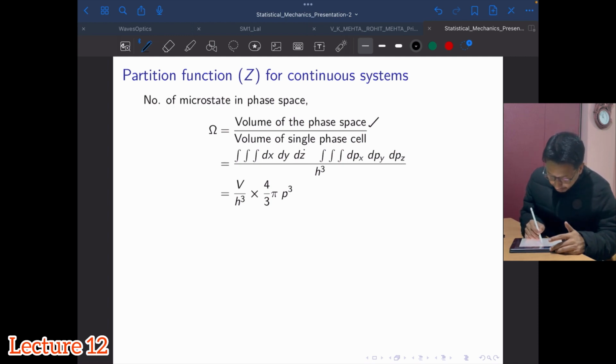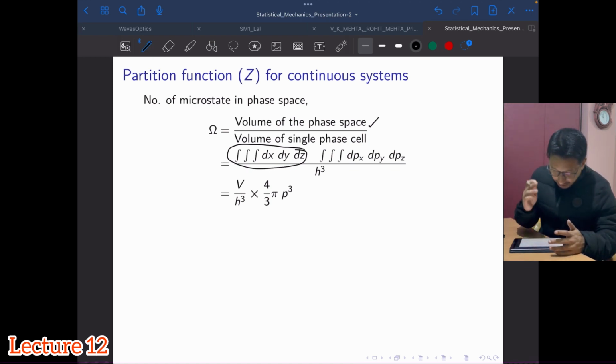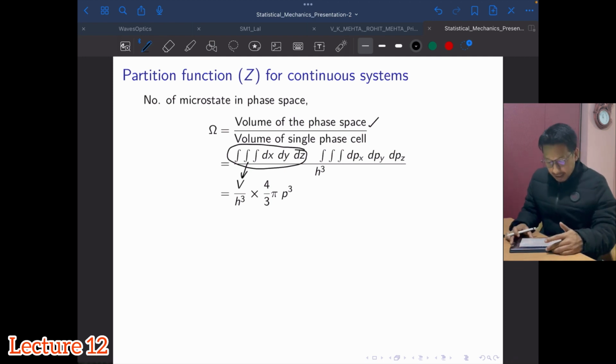Let us say the space covered by the position coordinates is given by V, and the volume of a single phase cell is h cube.